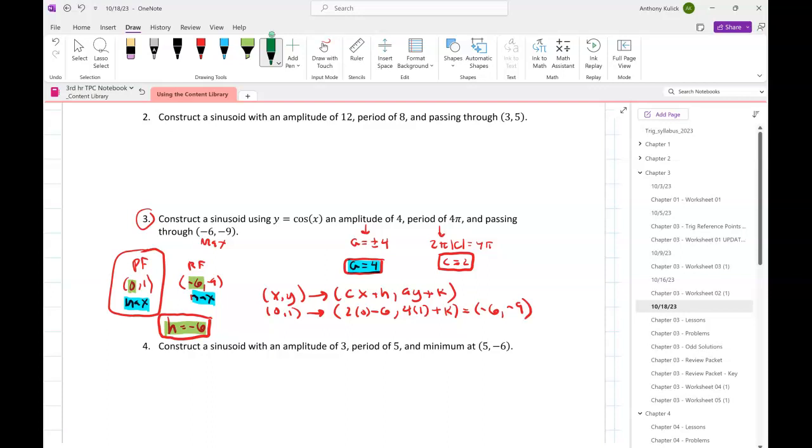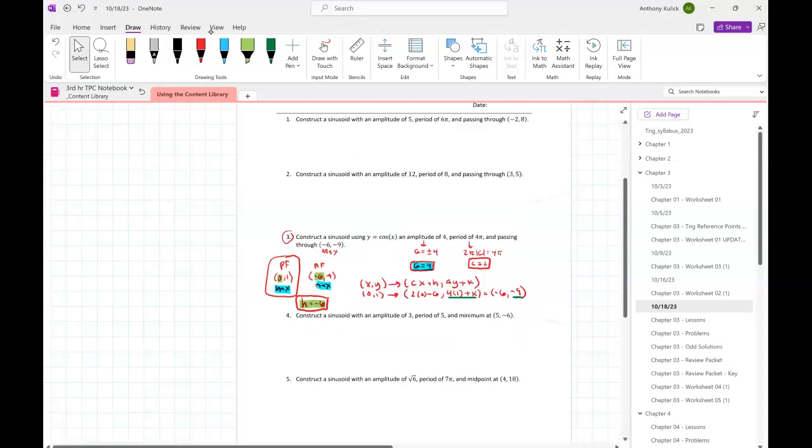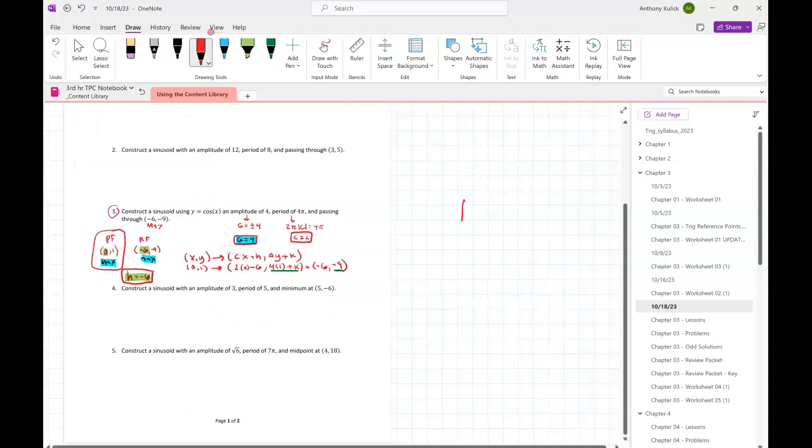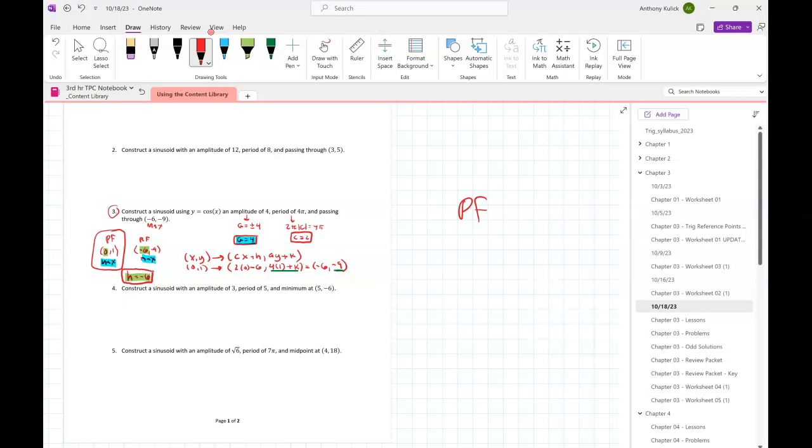So what we're going to have is 4 times 1 plus k has to equal -9. Just add 1 to -9, because that's not going to give you the answer.